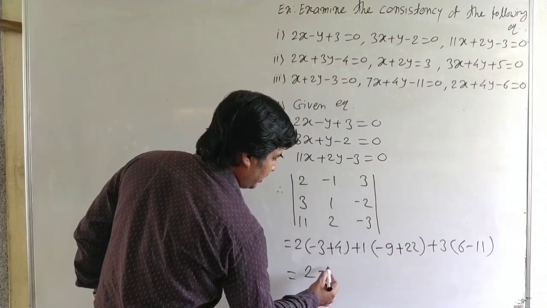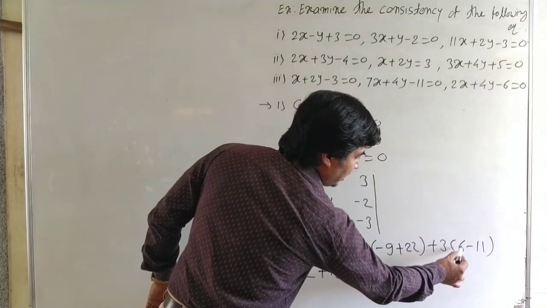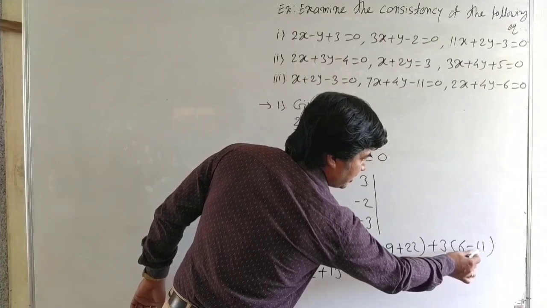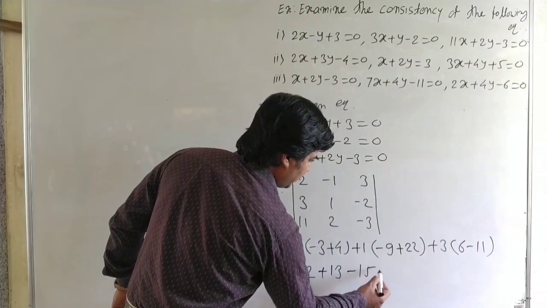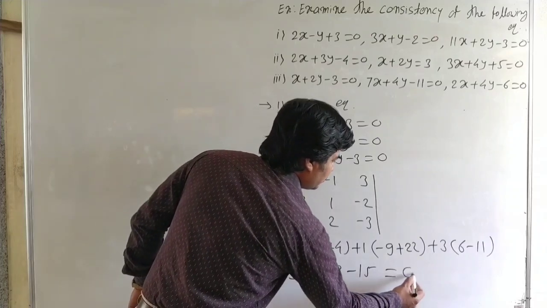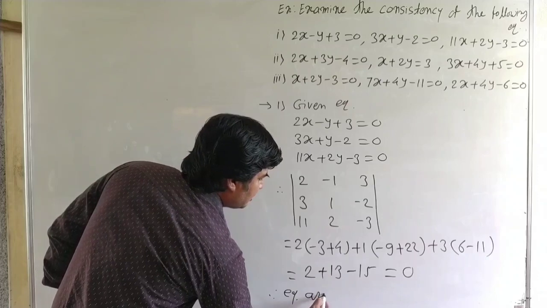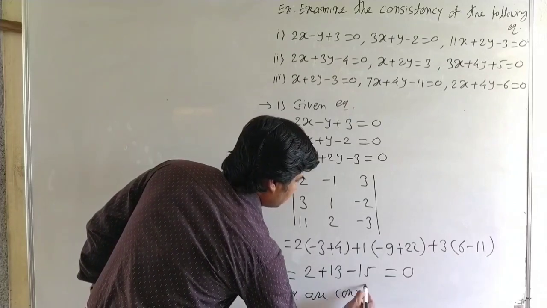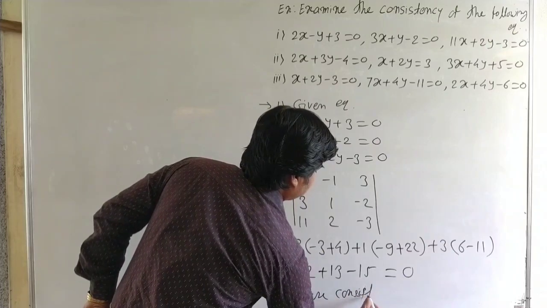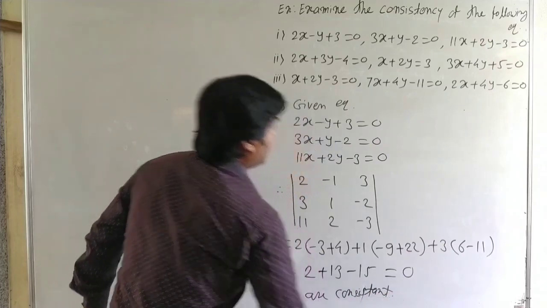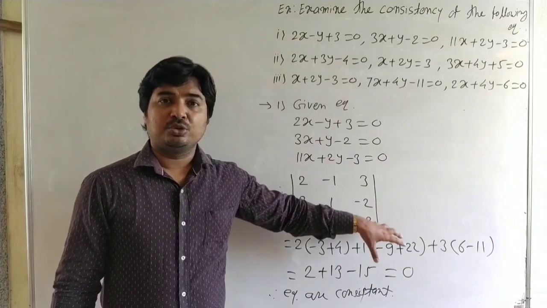Plus 13 into 1, it is plus 13, and last here 6 minus 11, it is minus 5, minus 5 into plus 3, it is minus 15, and this is equal to 0, and therefore equations are consistent. Okay, determinant is equal to 0.